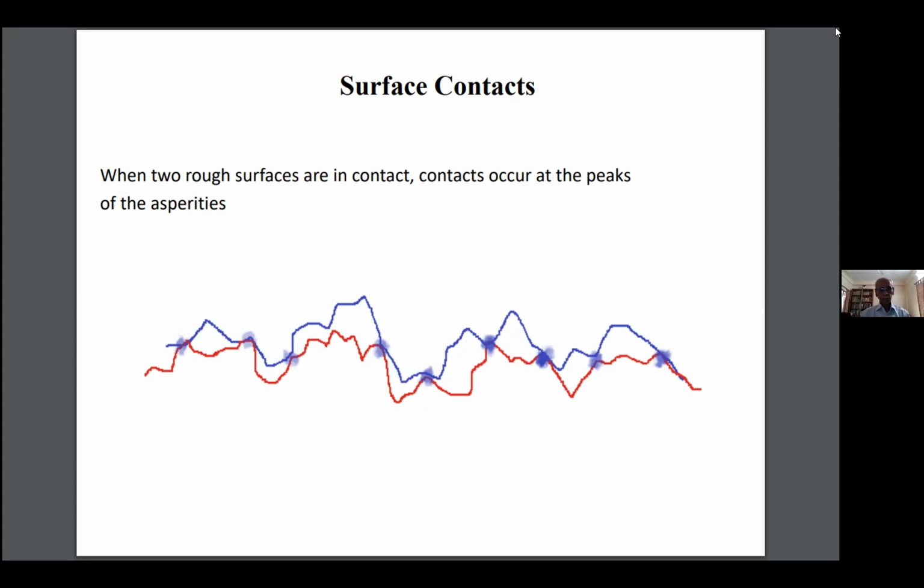So we need to first understand how the deformation progresses as we load the two surfaces, from the peak down to the bulk of the surface. This slide shows that we have contact only at the peaks, and obviously the deformations will also be at the peaks initially, and then the deformation will proceed downward.